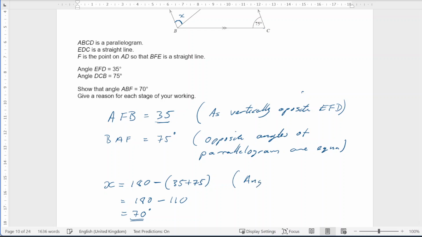Angles in a triangle equal 180. And that's that question. That's the 4 marks. 2 marks for the working, 2 marks for the reasons.